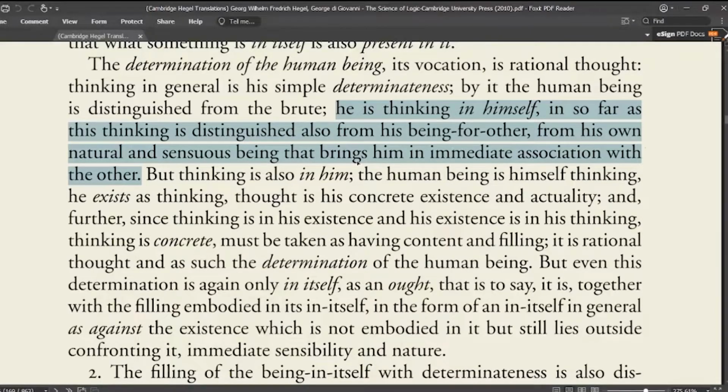This is actually an interesting thing. This already preempts and is projecting forward something that is developed much later in the system with spirit. What is nature? Nature is self-externality.